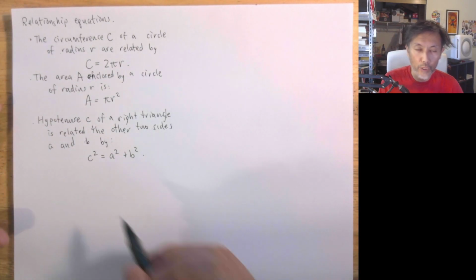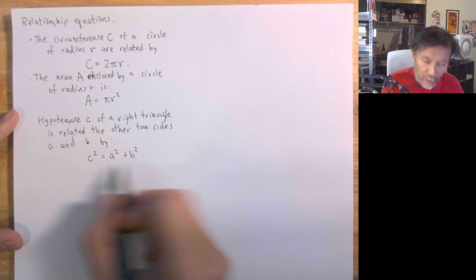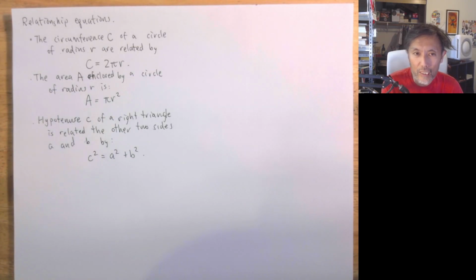And in principle, of course, because this is a length, you could take the square root of both sides and it would be c is equal to the square root of a squared plus b squared. But we could also write the relationship like this. It communicates it equally well, right?